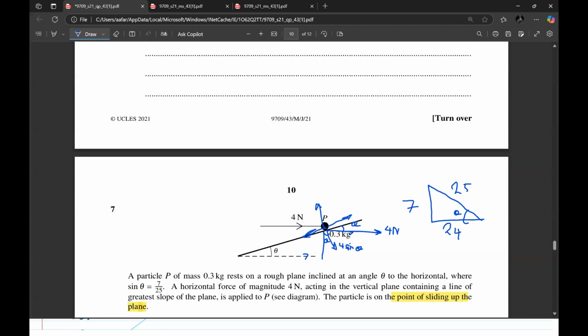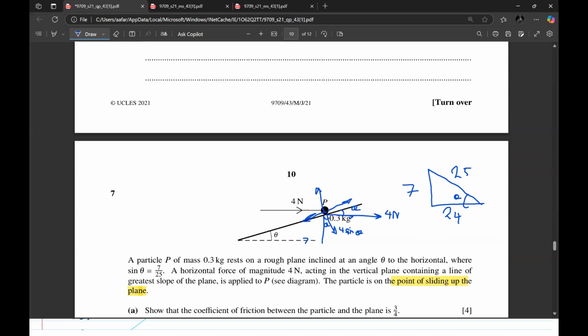So we know that sine theta is 7/25, and we do its right angle triangle. So cos theta will be 24/25.